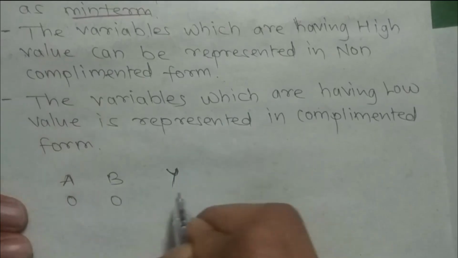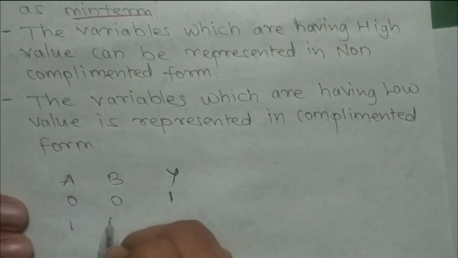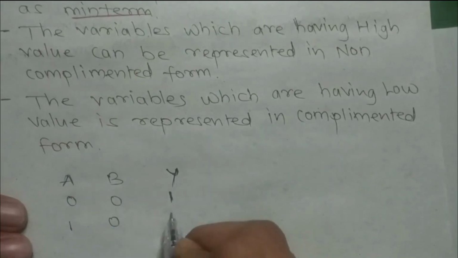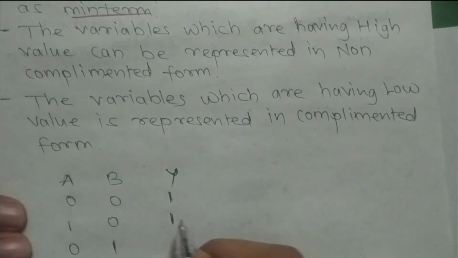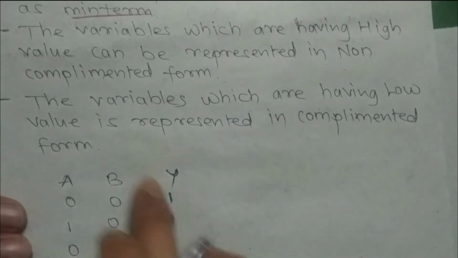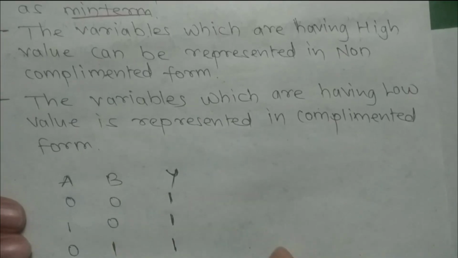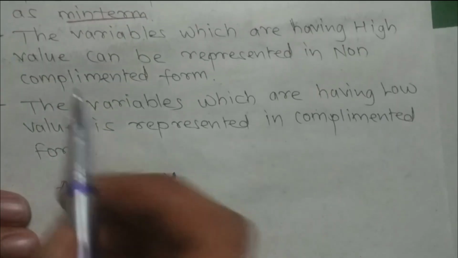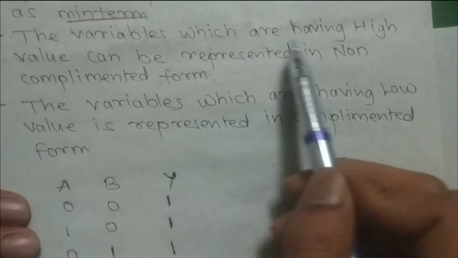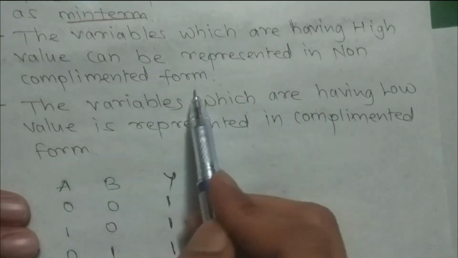For 0 0, y is going to be 1. For 1 0, y is going to be 1 again. We are going to consider only the SOP terms. For 0 1, y is going to be 1. This is the expression that we need to represent in terms of a Boolean expression, right? Our third point says the variables which have high value can be represented in non-complemented form.